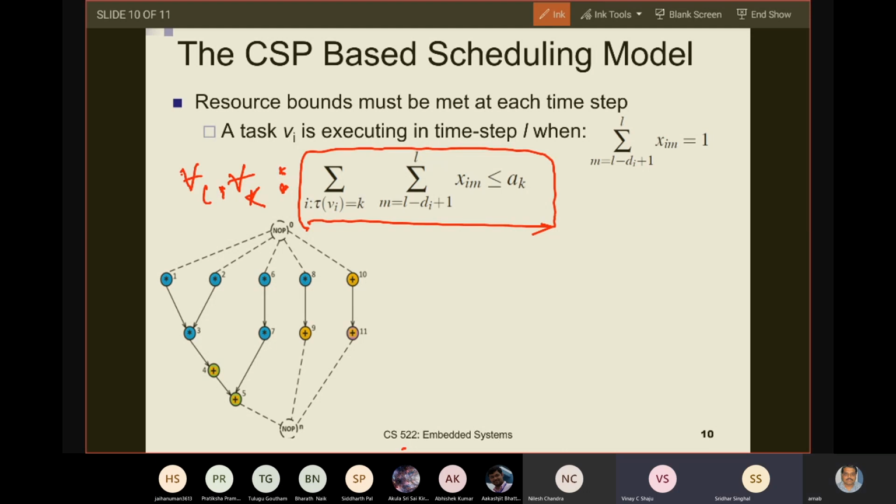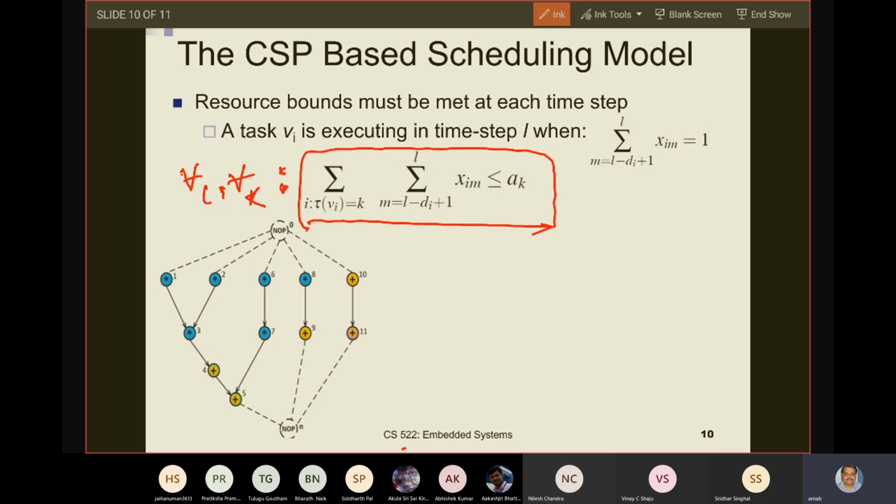Right. AK is the number of processors of type K. If you have also opened the slides, you see I have a slide in which I have jotted down the symbols for all my parameters.